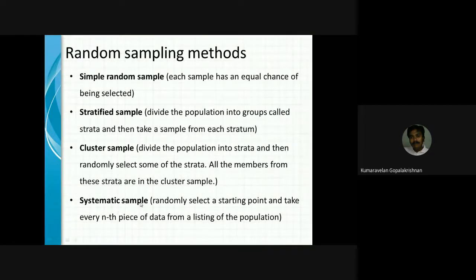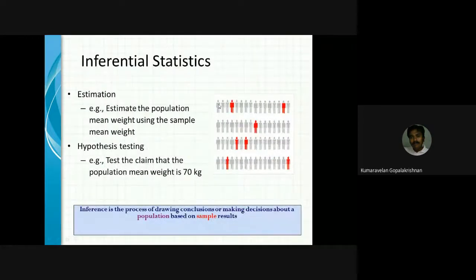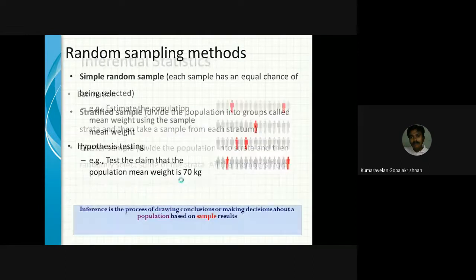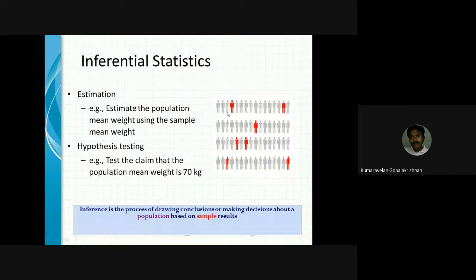And systematic sample, that is selecting at regular intervals. For example, this is a population, and every 5th sample I take from this population. That is called systematic sample. Say 1, 2, 3, 4, 5. I take 1, 5, next 10, next 15, next 20.